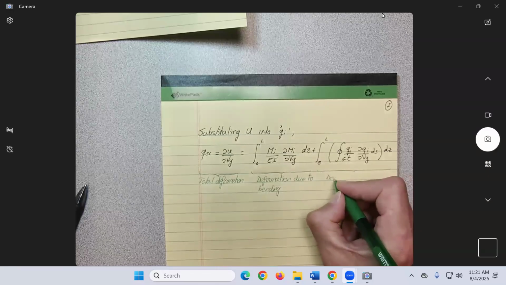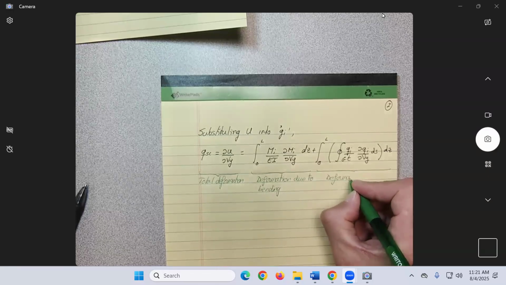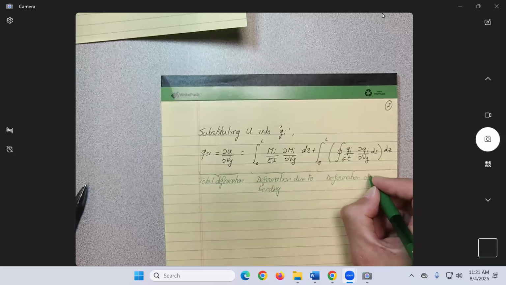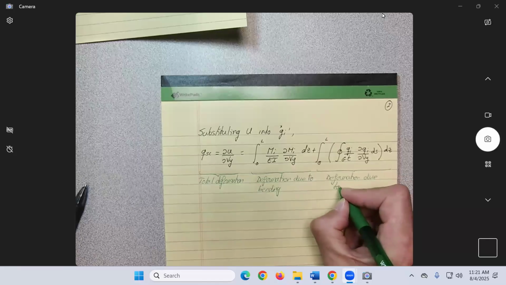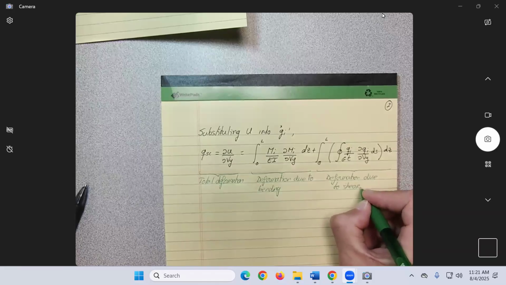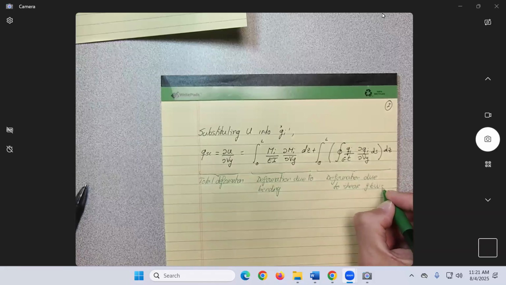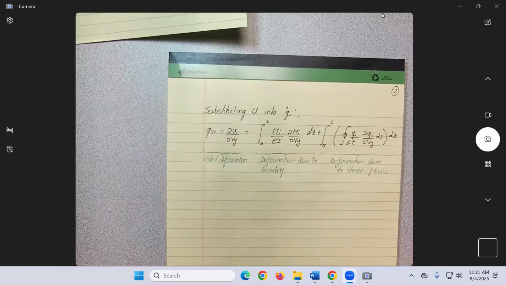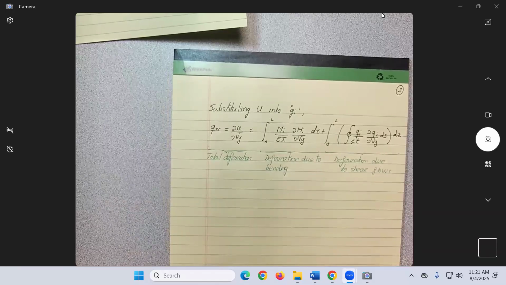And this will be the deformation due to shear force. Okay, does that make sense so far?